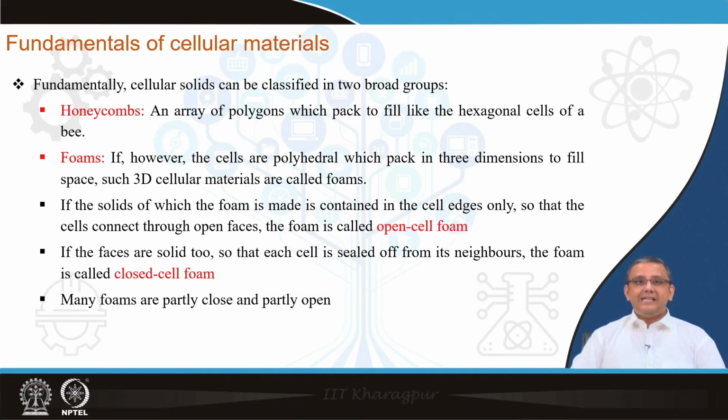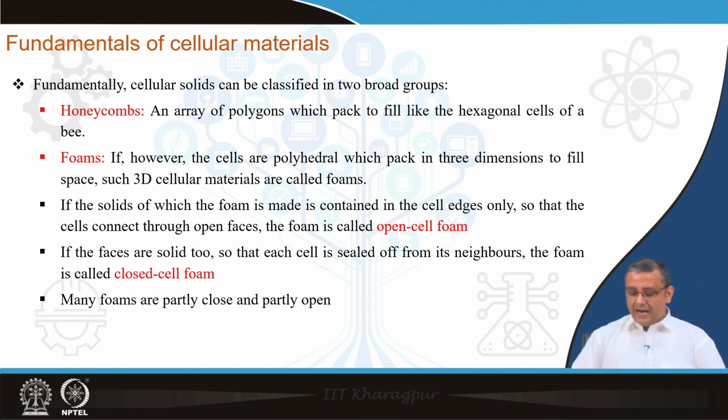Now, in the last lecture we already saw that the cellular materials can be classified into three main groups. Ideally, cellular materials are defined as an interconnecting network of struts and plates which make the cell walls and the cell faces. The cellular solids typically also contain a significant amount of porosity or void, which is typically more than 70%.